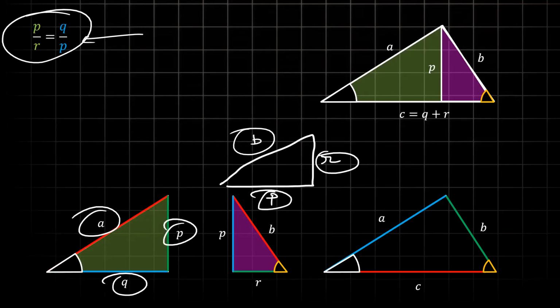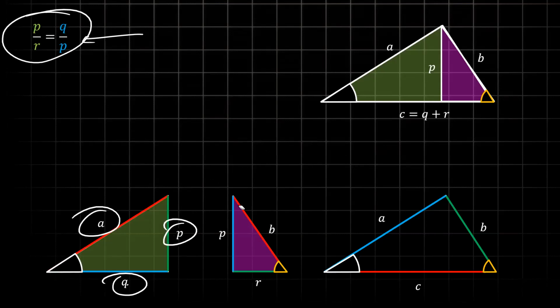Now R by P is equal to P by Q. Does that make sense? Whoever said they didn't get it, is that more intuitive now? Good, awesome. Just have to make it fall down to the ground. That's all.